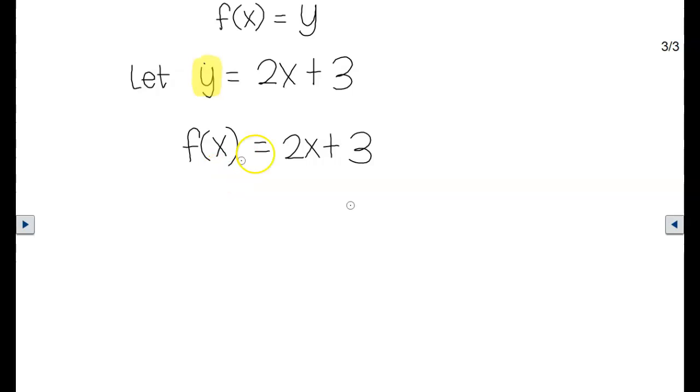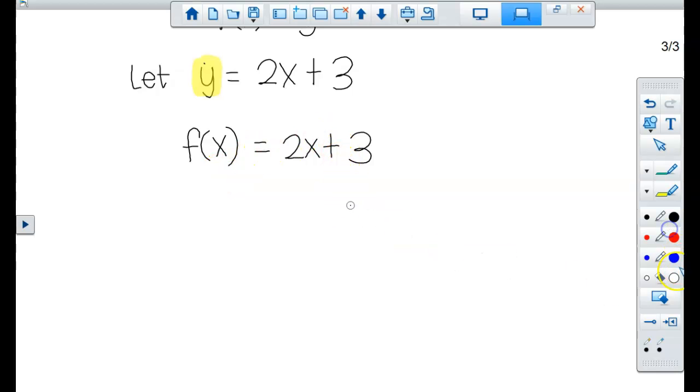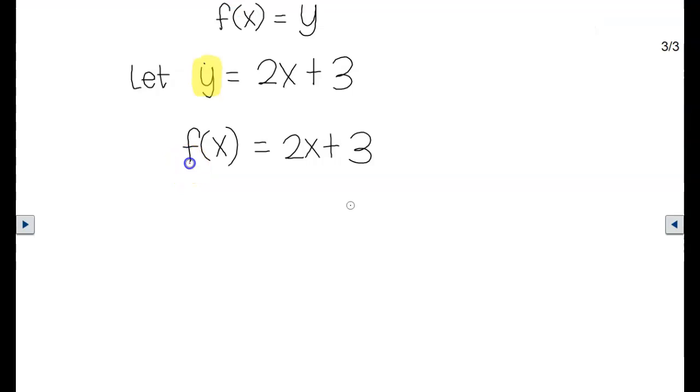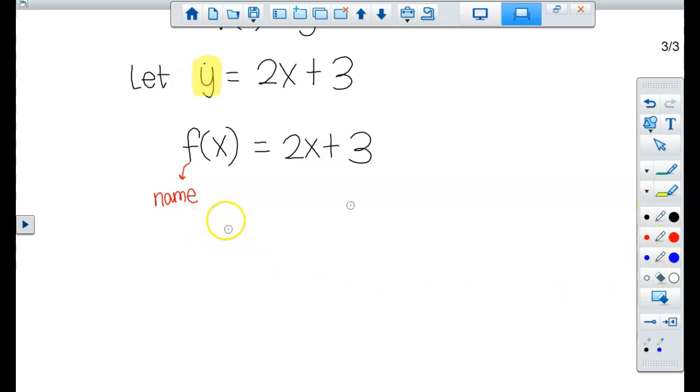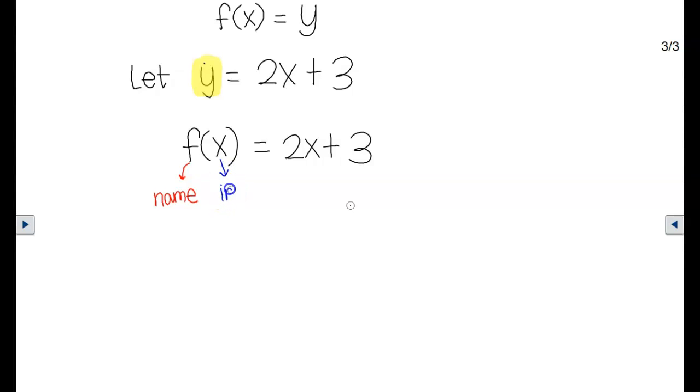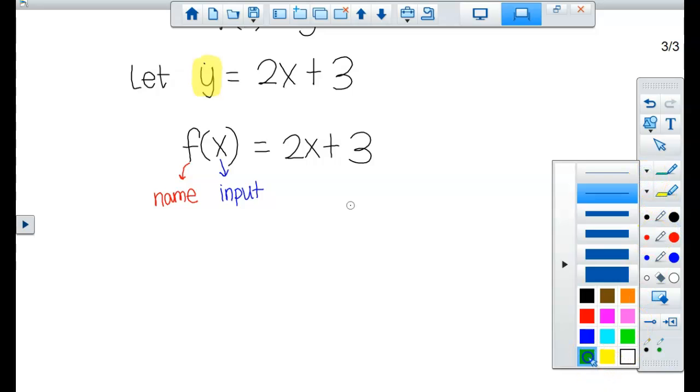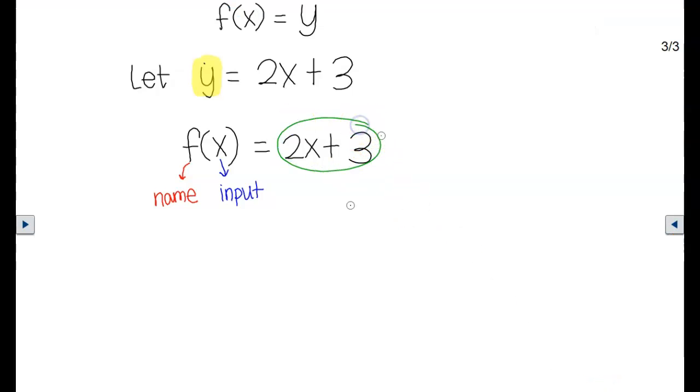So now let's look at this. This says f of x is equal to 2 times x plus 3. All right, so here's what I need to know. This f is still the name of my function. This x is my input. And this 2x plus 3 that I see over here is my function rule that finds the output for me.